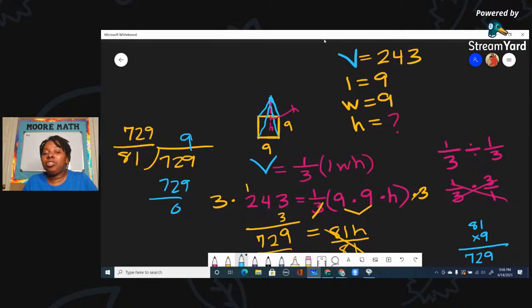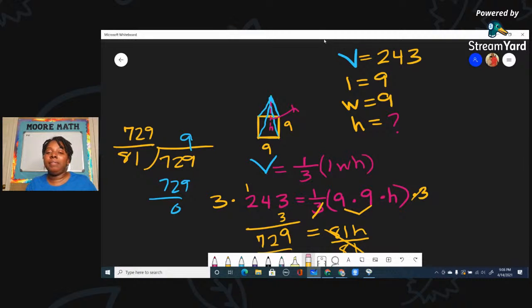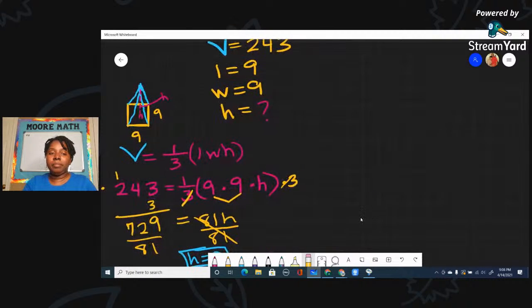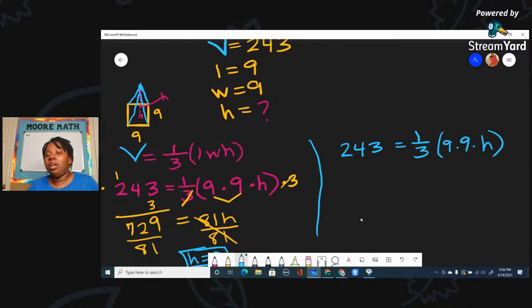Let's say you didn't know that you can multiply both sides by 3. Let me just show you quickly the other way of doing it, if this one looks too complicated. When you got to this point, and it was 9 times 9 times h, you could have absolutely multiplied it together and kept that 1/3. 1/3 times anything, you're just dividing it by 3.